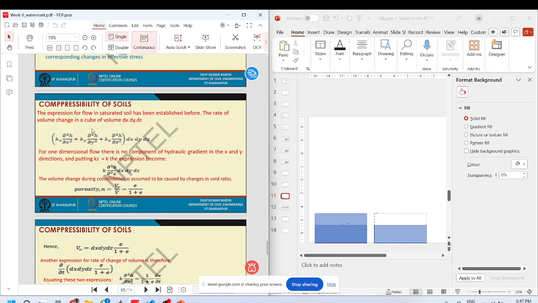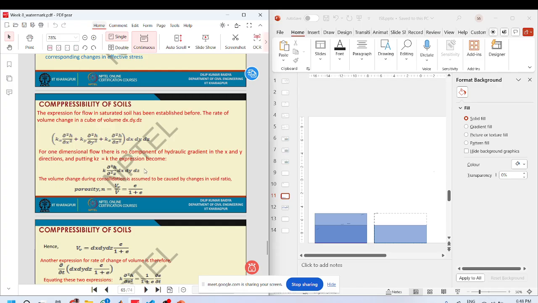And if we are talking about flow in only one direction, we are not talking about flow in three directions. If we say one dimensional flow, that is, let us say, just flow in a vertical direction, then we can ignore x and y coordinates, and we will have k del square h by del z square.